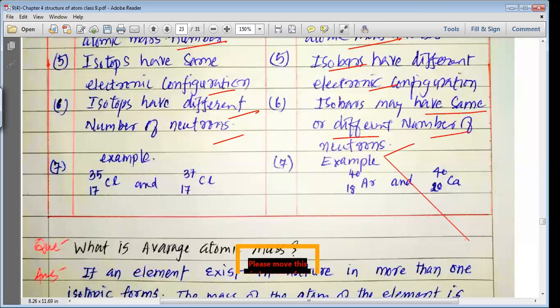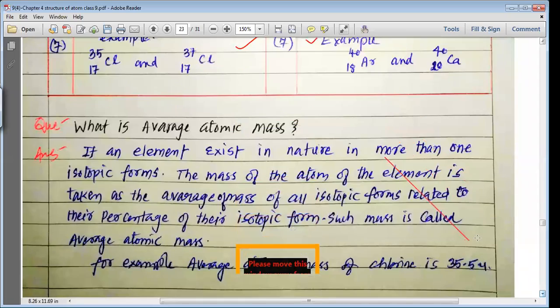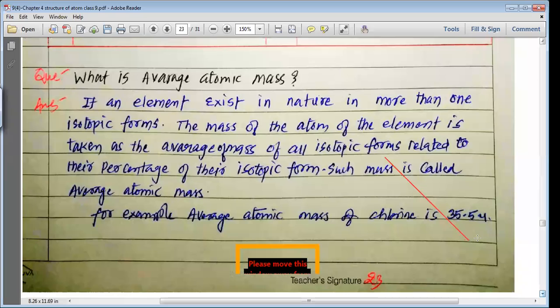Please remember that isotopes always have different number of neutrons, but isobars may or may not have same number of neutrons. We can write the example of isotopes as 17Cl35 and 17Cl37, and the example of isobars as 18Ar40 and 20Ca40. So this is how, my dear students, we study about the isobars and isotopes.